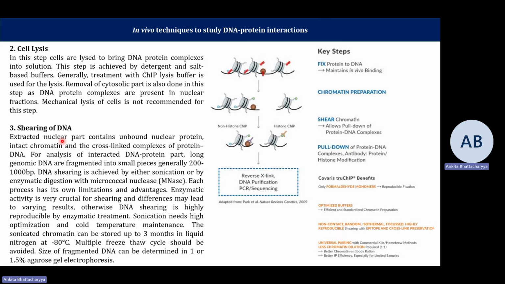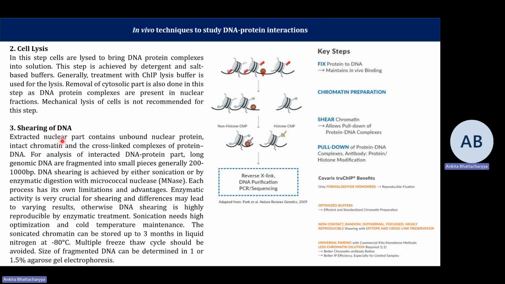Long genomic DNA, therefore, should be fragmented to allow us to selectively pull out these interacting complexes. Generally, you need to perform fragmentation somewhere in the range of 200 to 1000 base pairs. Usually, it's 300 to 700. It depends on your lab's protocol, what standardization has been done, and what works best for the types of cells that you use and for the questions that you wish to answer. So sometimes you might actually need to standardize that.